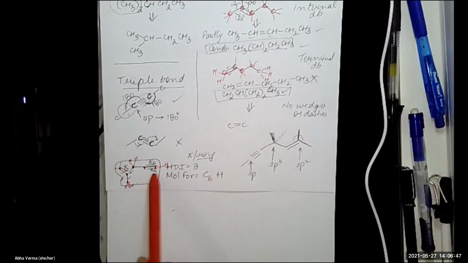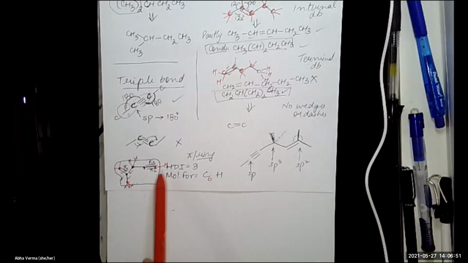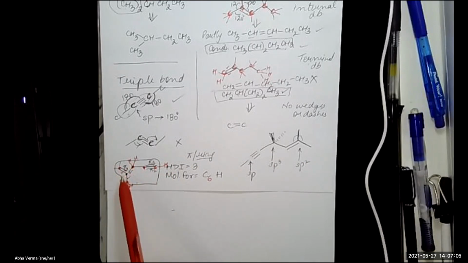Now this is a special case that I want all of you to remember. When you have a terminal triple bond, do not forget about the terminal triple bond's carbon-hydrogen bond. If you remember your module 1, this carbon-hydrogen bond is the shortest among all the carbon-hydrogen bonds that you have on a structure. So do not forget this CH. Let's count again.